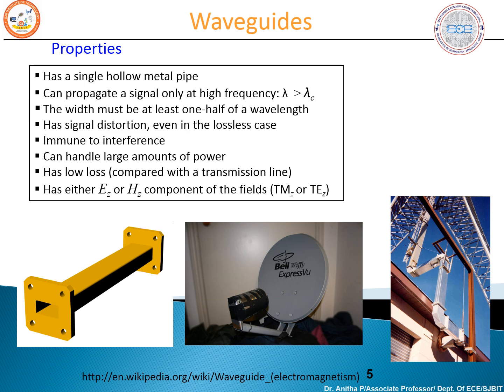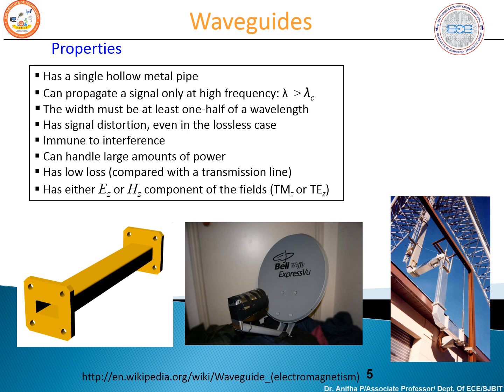They allow TM, TE, or TEM wave propagation, indicating transverse magnetic, transverse electric, and transverse electromagnetic. They can handle larger amounts of power compared to other transmission lines, are immune to interference, and have less signal distortion. In some cases you even get a lossless case.